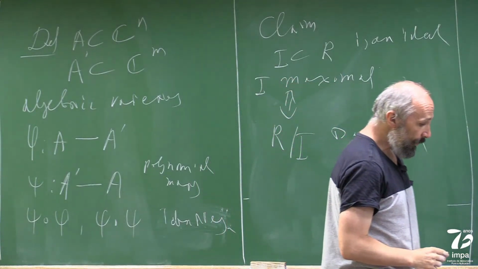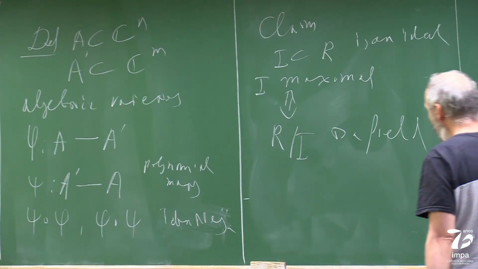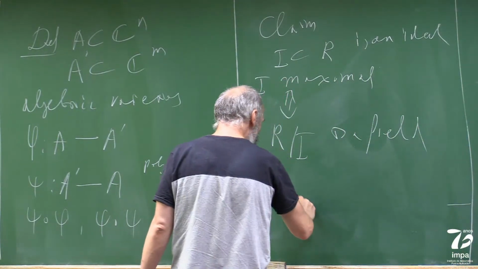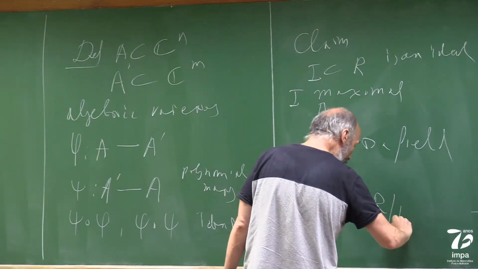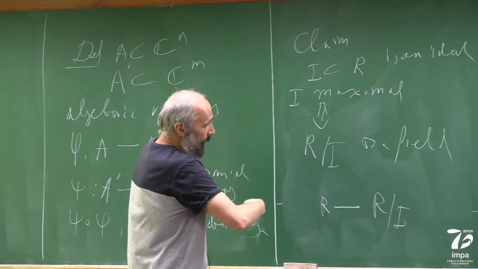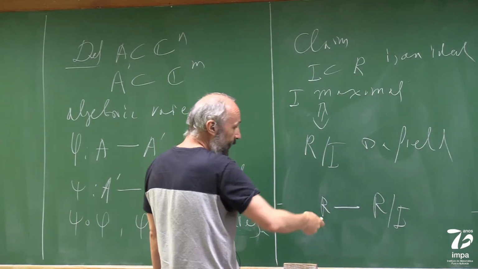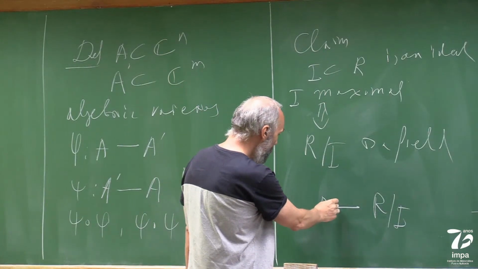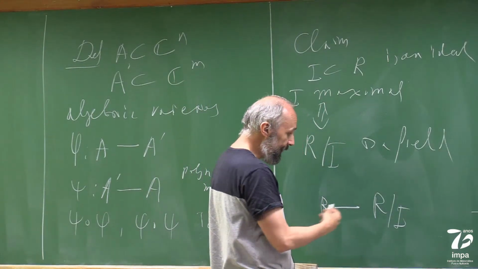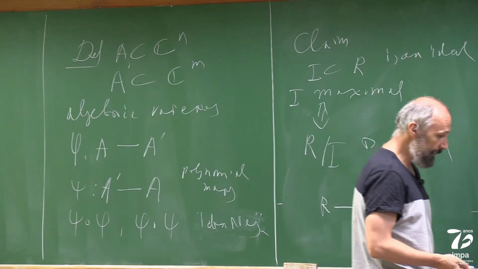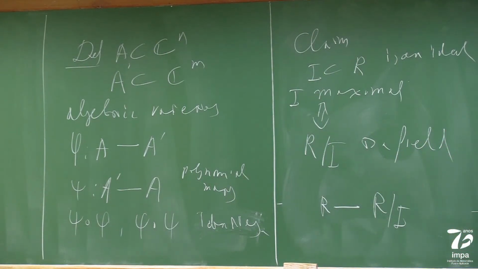Well, if it's not a field, then it contains an ideal, and you have a map from R to R quotient by I. This is a homomorphism of rings, and if you have an ideal there, you can take its pullback, preimage, and it is an ideal in R containing I strictly, so I can't be maximal.